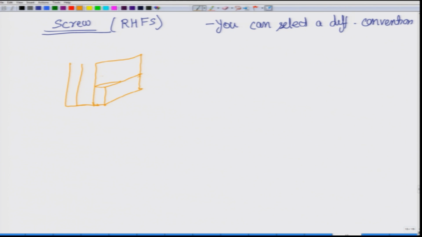What we are trying to draw here is a screw dislocation.